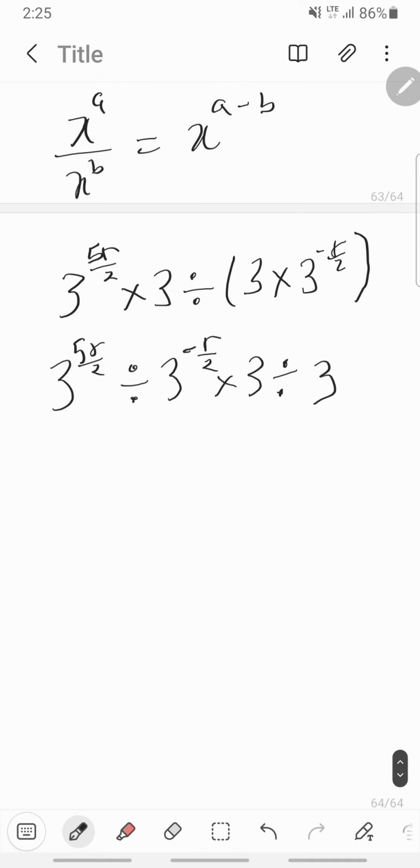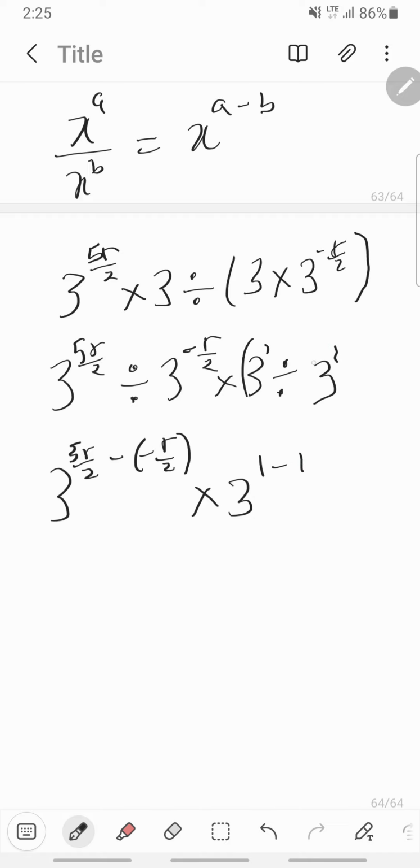Now, this is the same thing as saying 3 raised to the power 5r over 2 minus minus r over 2, times 3 raised to the power 1 minus 1.